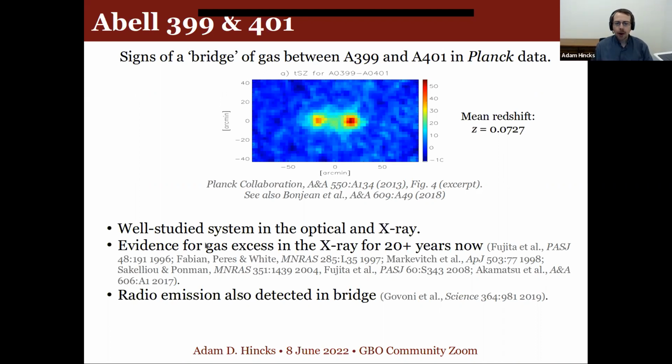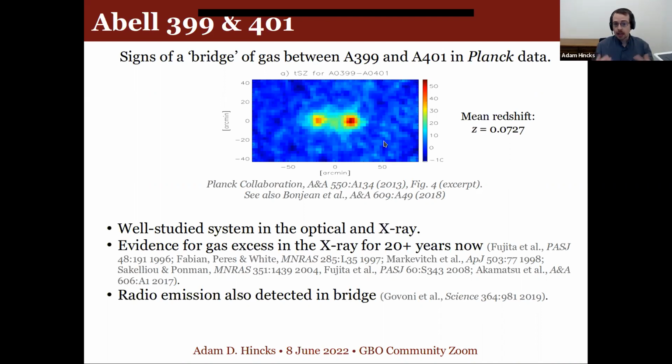This is a well-studied system, both in the optical and the X-ray, and particularly in the X-ray, there's been mounting evidence for an excess of emission, also from X-rays, in this bridge region. And then even more recently, in the radio, just 3 years ago, excess radio emission was detected from this bridge region.